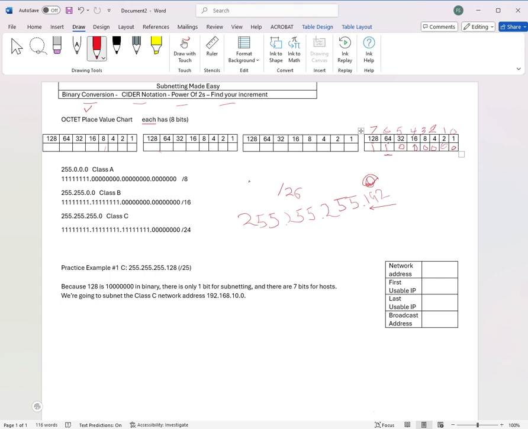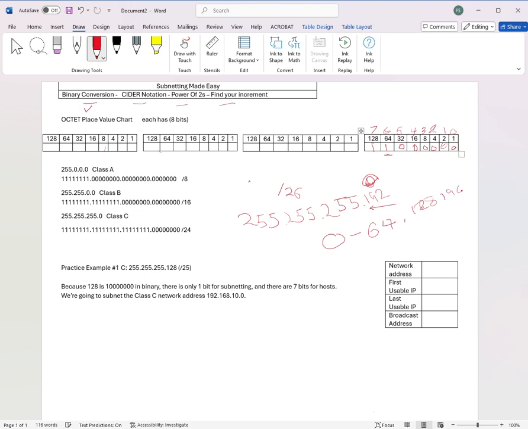That means our increment is 64, and our networks are 0 to 64, 128, 192.